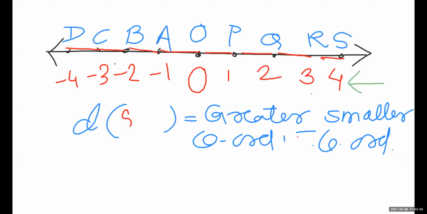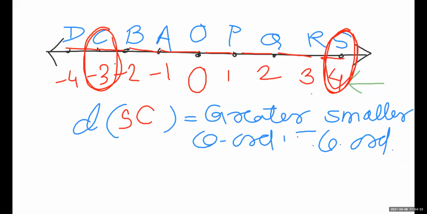That is S and C. What is the coordinate of S? Those who are asking me the formula, please reply. What is the coordinate of S? That is 4. Okay. And what is the coordinate of C? -3.